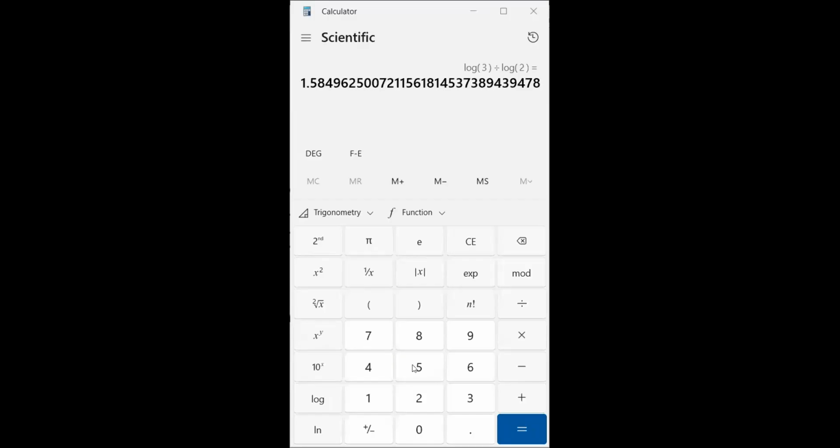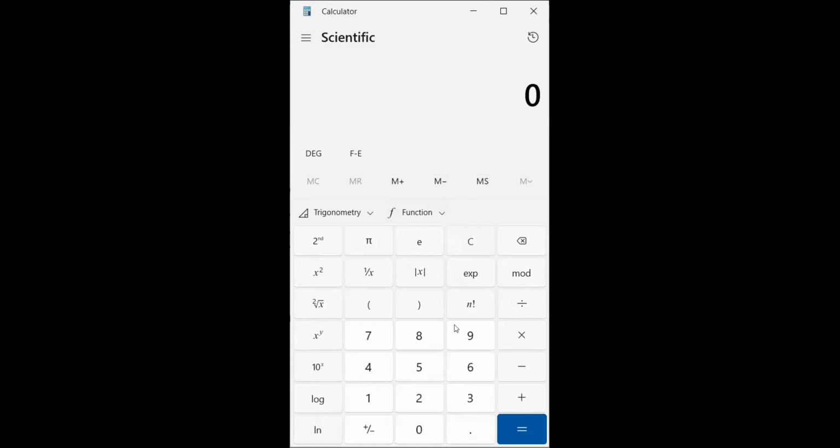So let's evaluate natural logarithm of 5.4 over the natural logarithm of 1.2. Let's see what happened. For some reason I got a different answer. I have natural logarithm of 5.4 over natural logarithm of 1.2.